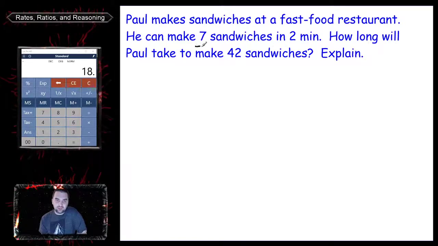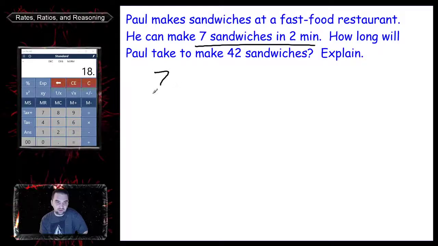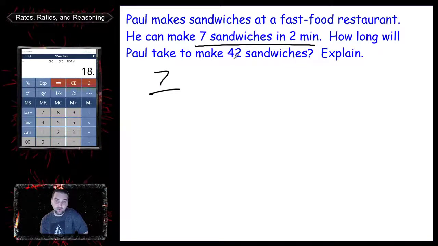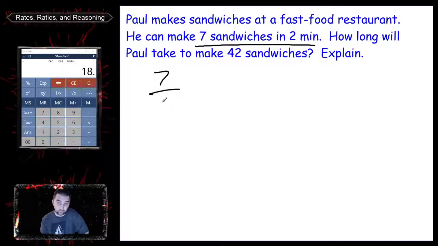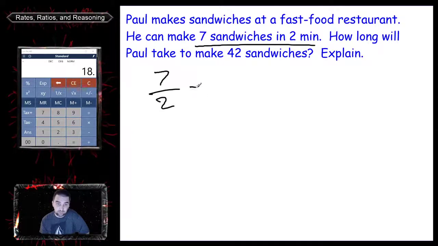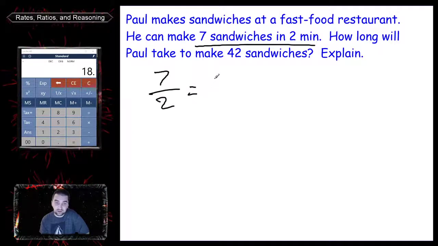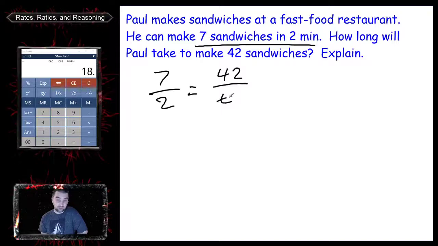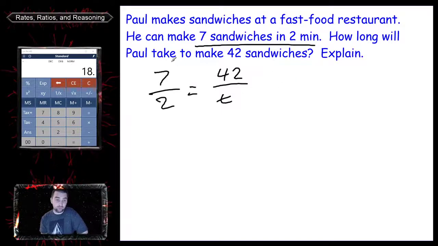Another one with a rate. So he's making 7 sandwiches per 2 minutes. And we want to know how long it would take him to make 42. All right. So 7 over 2, 7 sandwiches per 2 minutes, is equal to 42 sandwiches in however many minutes. I'm going to put T there for however many minutes it takes him.